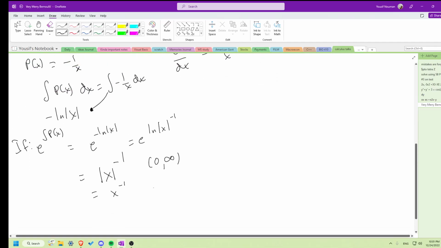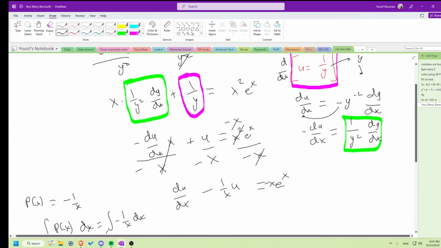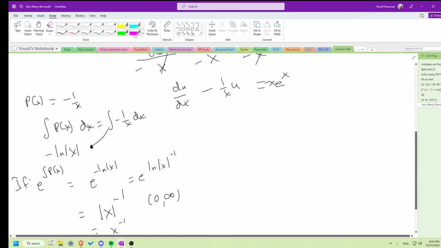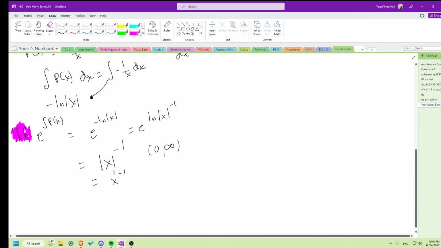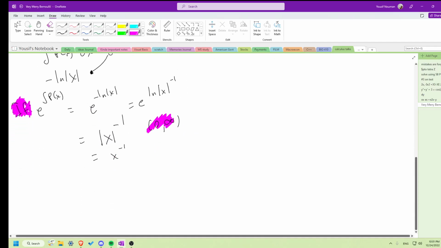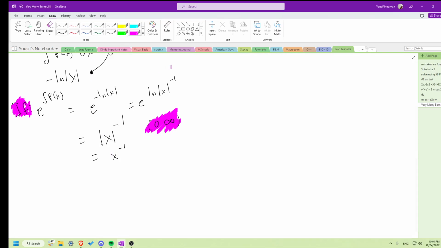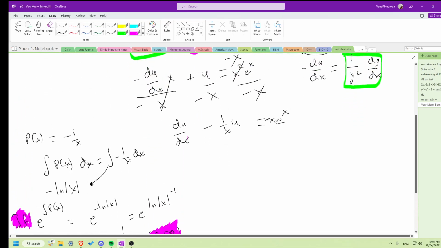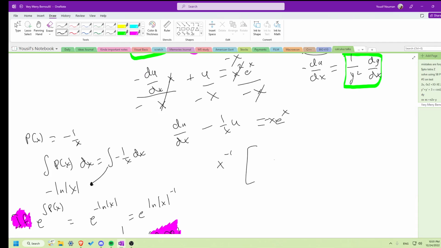So working on the interval 0 to infinity, we can use this integrating factor on this interval. And this integrating factor can be multiplied. So in this case, we multiply x to the negative 1 by du/dx minus 1 over x u is equal to negative x e to the x.